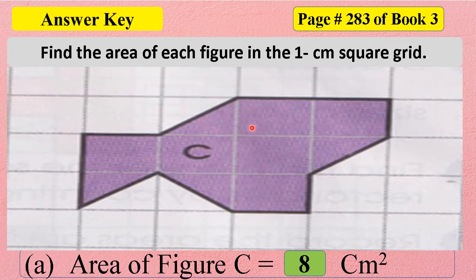Half square unit and half square unit is equal to 1 square unit. 4 plus 1, 5 square units. And 1, 6 square units. 7 square units. Half square unit and half square unit is equal to 1 square unit. 7 plus 1, 8. 8 square units are there. Area of figure C is equal to dash centimeter square, 8 centimeter square, and this is your answer.